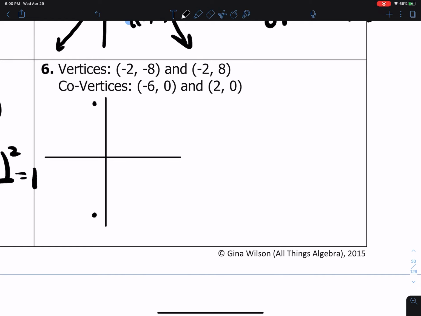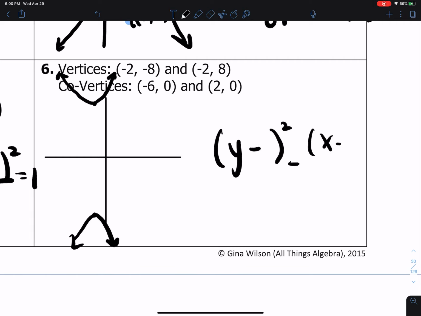Because these are opposite of each other vertically, this means that this is a vertical hyperbola. So that means that y is going to go first. And then our co-vertices are at (-6, 0) and (2, 0).